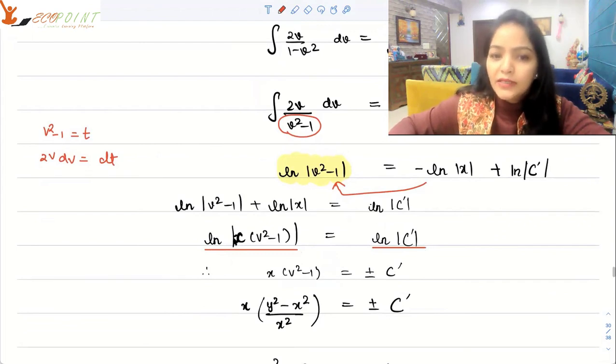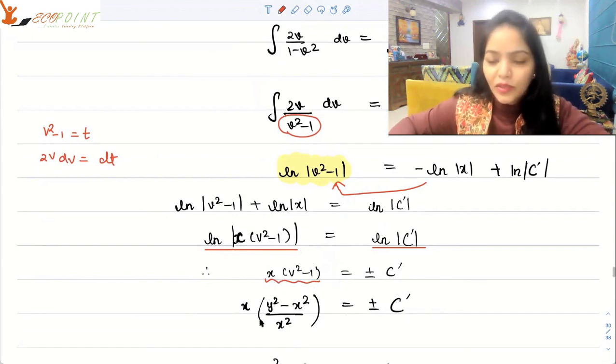Since you have mod here, c dash could be plus or minus of this value, x times (v square minus 1). Now we can have a common c as a constant.